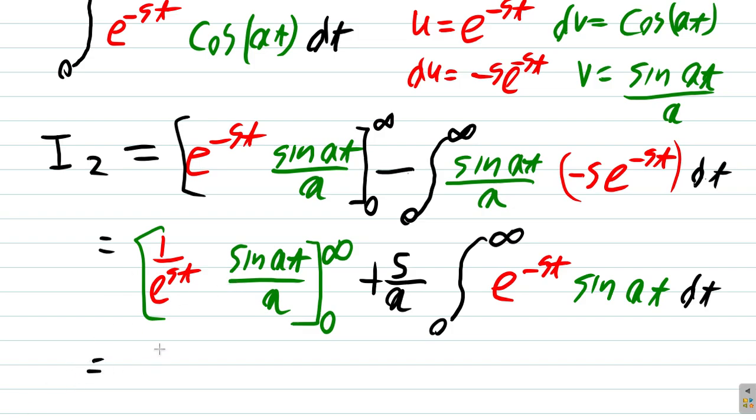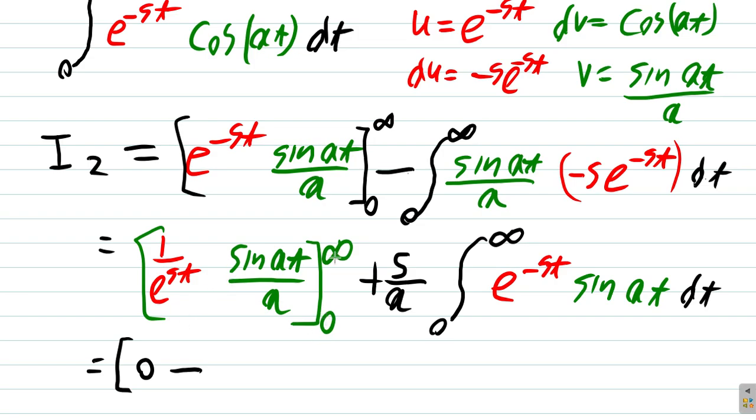Now this part, we're going to have 1 over e to the infinity times sine a times infinity, which is infinity over a. But 1 over an infinitely large number is 0. So this part amounts to 0. Minus, then we put in the 0 for our lower boundary.